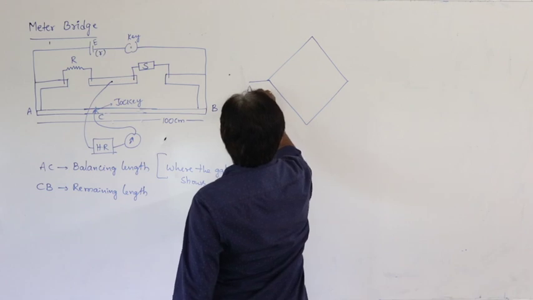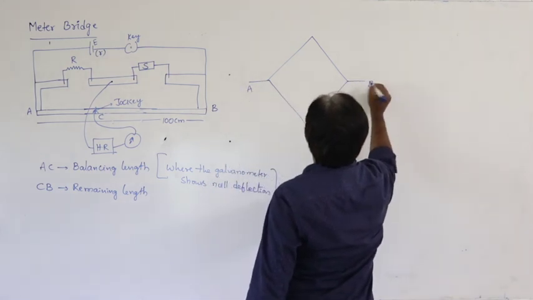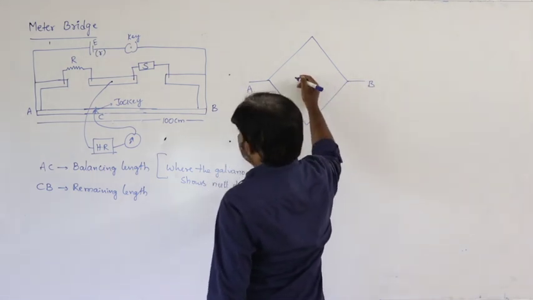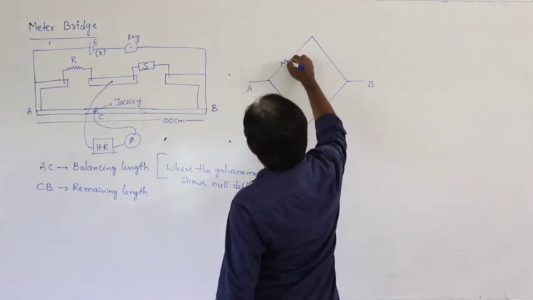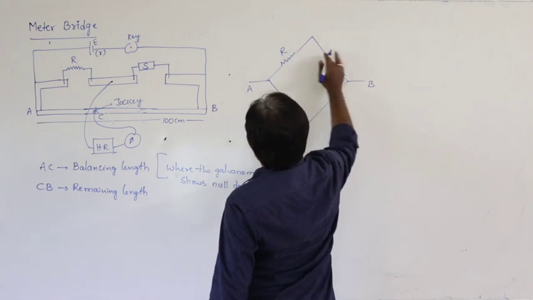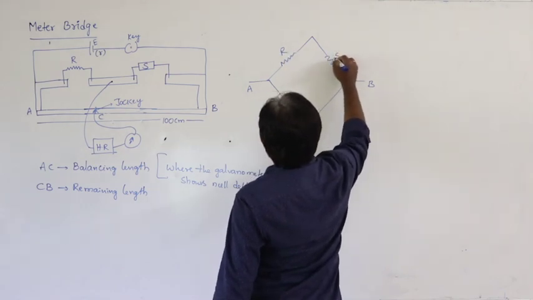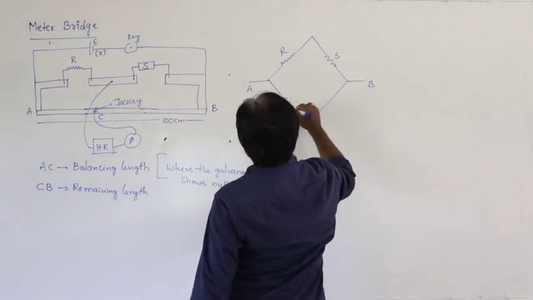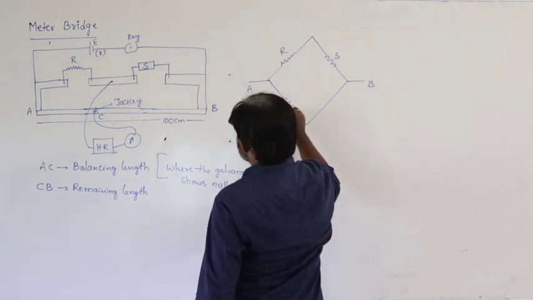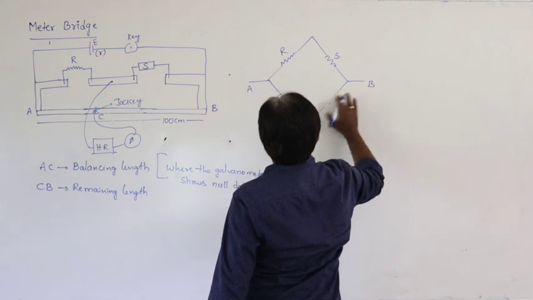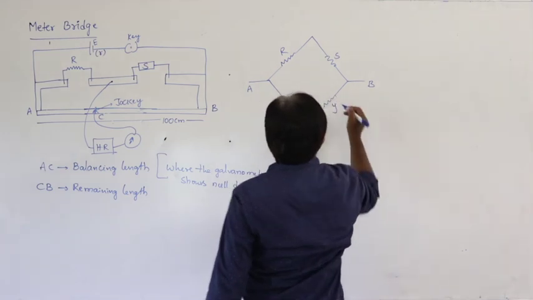This is the point A and this is the point B. So here, let us say in the left gap it is R, let us say it is S, let us say it is X and it is Y.